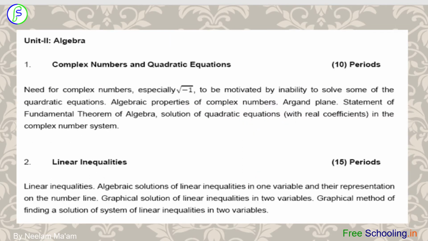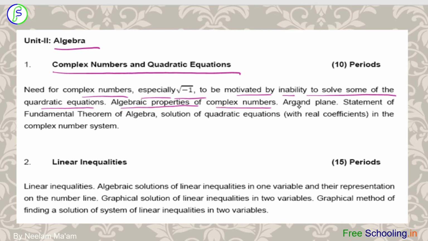Next is algebra. Here the first chapter is complex numbers and quadratic equations. Need of complex numbers, especially root minus 1, to be motivated by inability to solve some quadratic equations. Algebraic properties of complex numbers. Then the statement of the fundamental theorem of algebra, and solution of quadratic equations with real coefficients in the complex number system.